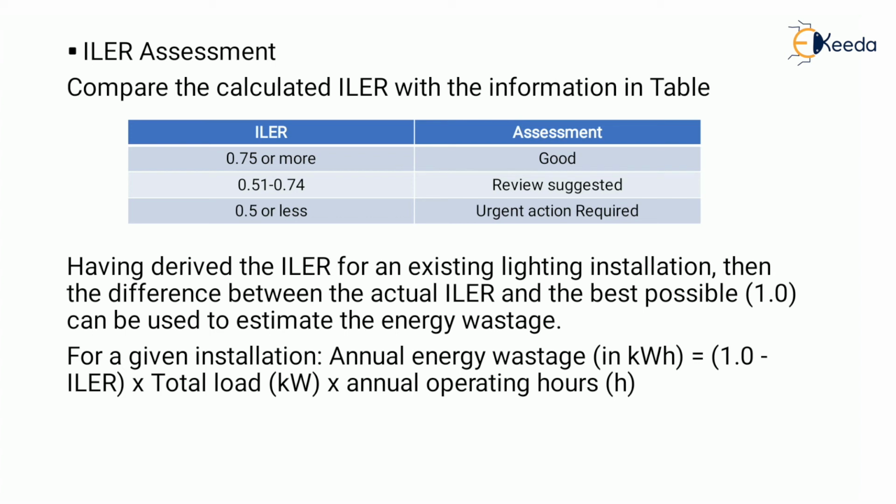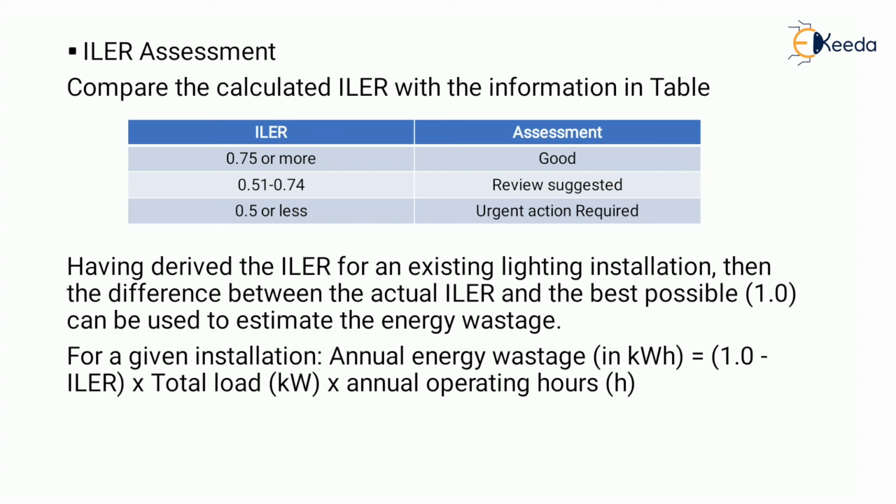So having derived the ILER for an existing lighting installation, then the difference between the actual ILER and the best possible 1.0 can be used to estimate the energy wastage.